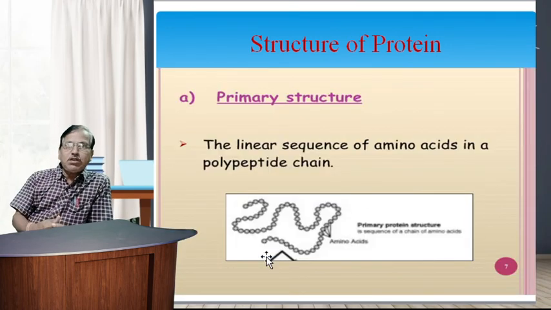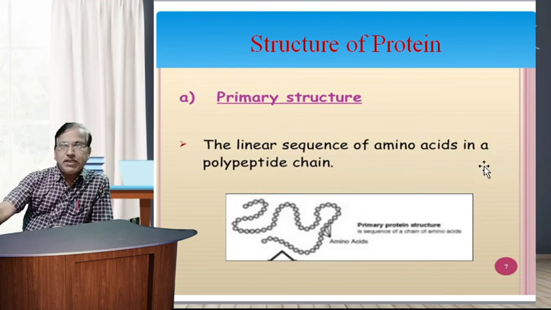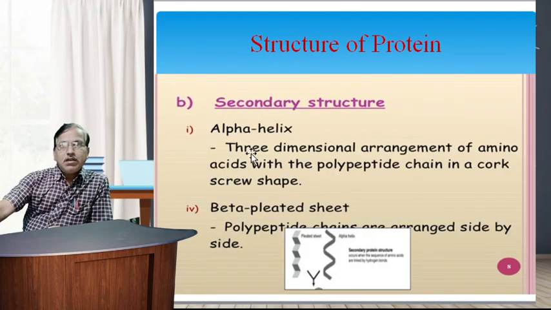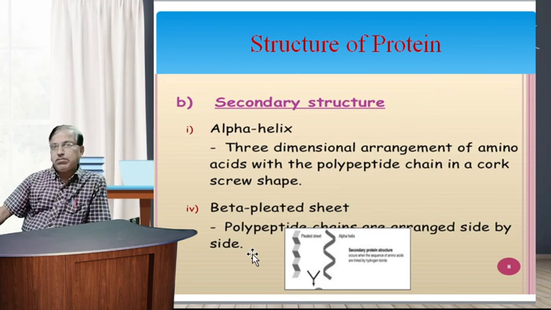The linear sequence of amino acids in the polypeptide chain is the primary structure of the proteins. In secondary structure, the alpha helix is the three-dimensional arrangement of the amino acids in the polypeptide chain in a corkscrew shape. In beta pleated sheets, polypeptide chains are arranged side by side in a secondary structure of the protein.